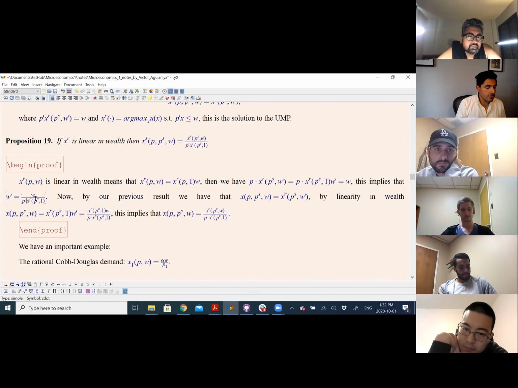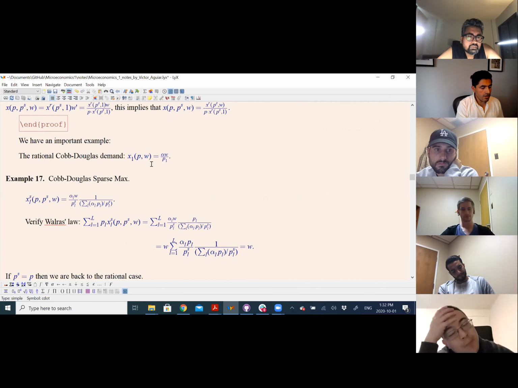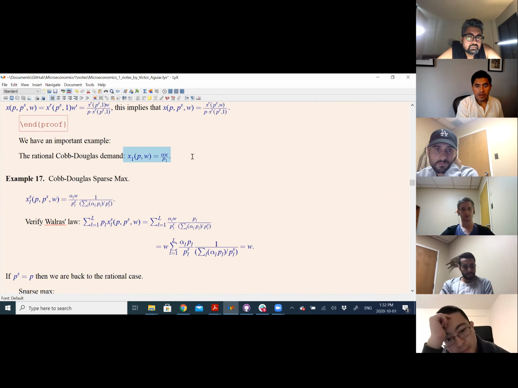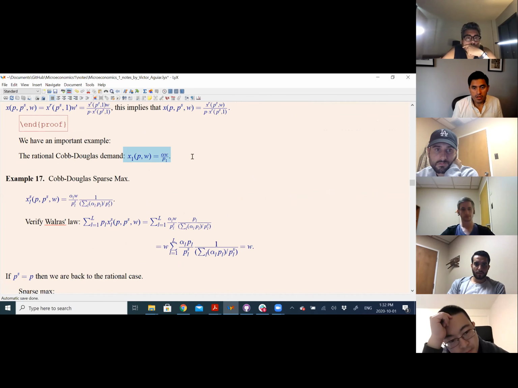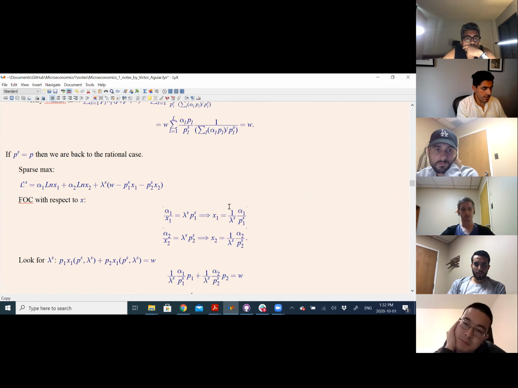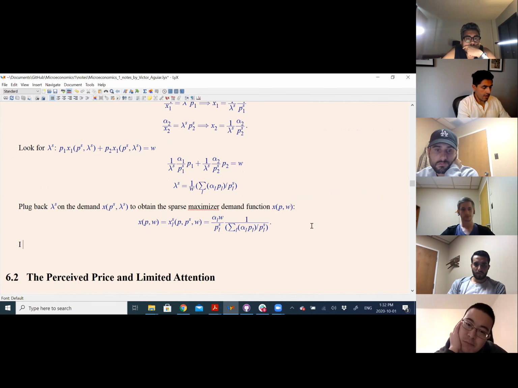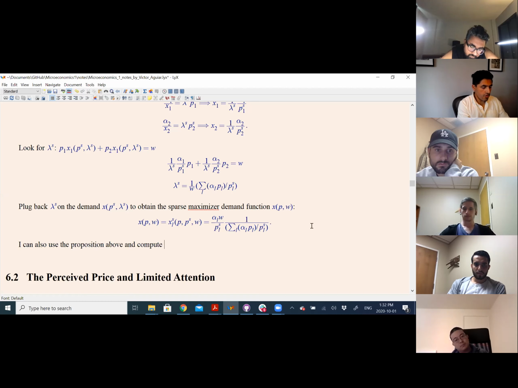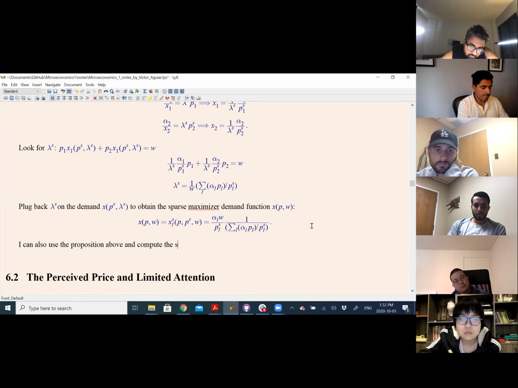So in particular, what I want you to notice is that if I go to the Cobb-Douglas, then instead of doing the sparse max, what can I do? I can just take, let me copy this thing here. I can also use proposition 9, the proposition above, and compute the sparse max Cobb-Douglas.